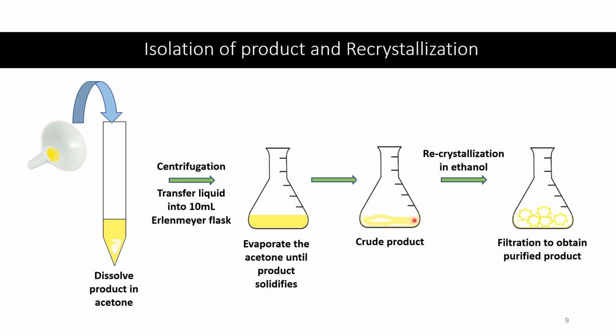Once we allow this mixture to slowly cool back to room temperature, we will see pure crystals forming through selective crystallization, and the impurities should still remain in ethanol. Then by filtration, we should be able to obtain the purified product and then get the actual yield of it and follow with characterization of the final product.